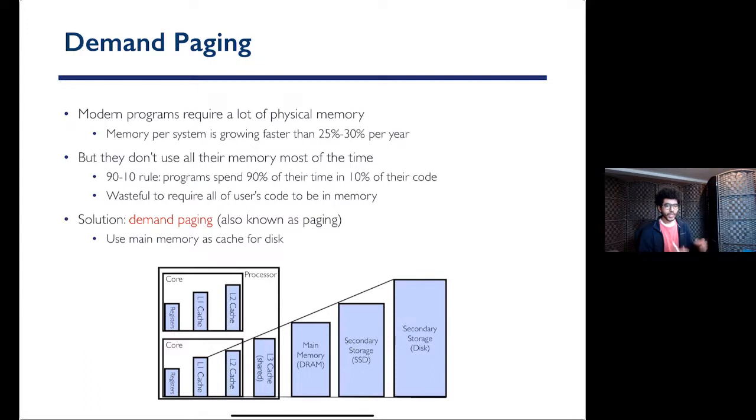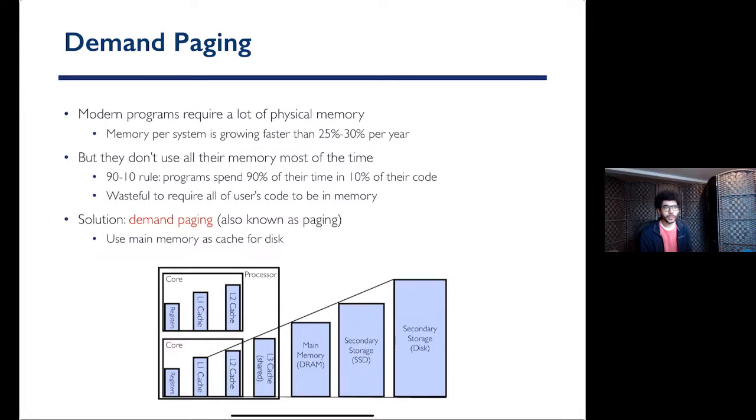Okay, so let's put all these facts together. This means that there might be times where the physical memory cannot contain all the demand from the processes. Processes may be asking for more memory than the physical memory can provide.